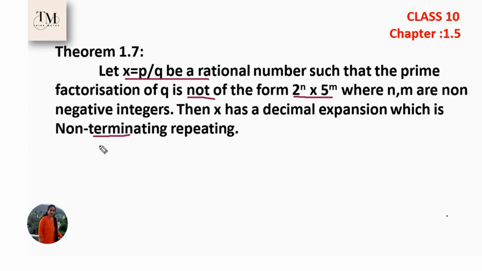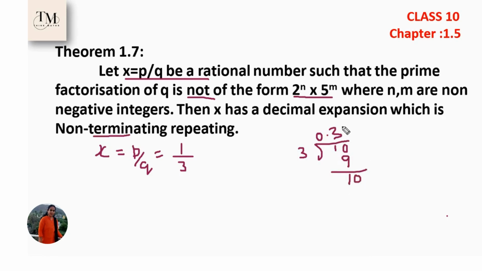Let me take one example. x is equal to p by q, where p by q is of the form 1 by 3. Let me divide 1 by 3. 1 is not divisible by 3, so adding 1 0, I add a point in the quotient. 3 3s are 9. 10 minus 9 is 1.